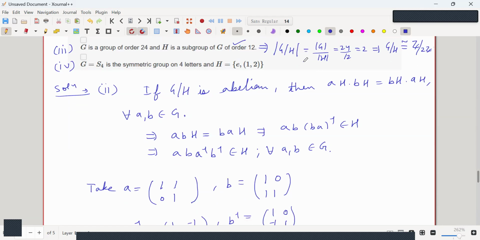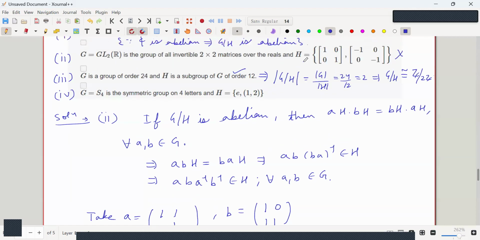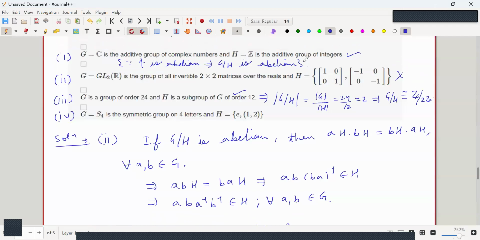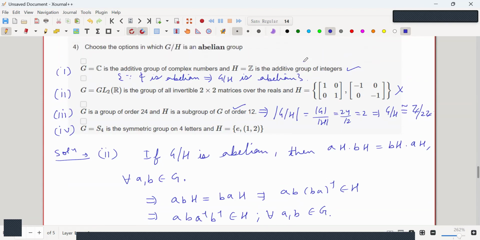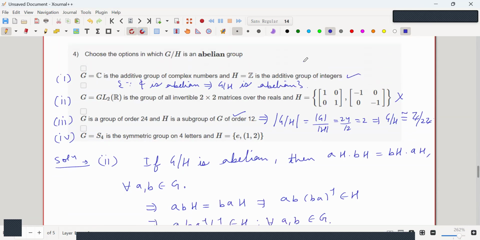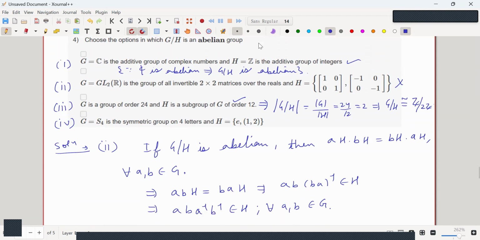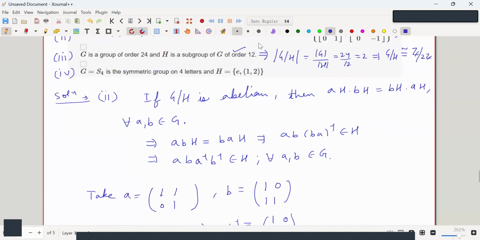What about G to be S4 and H to be E1, 2? Here G mod H is not even defined, right? H is not even normal, so this is not even a group. G mod H can be defined as just the set of cosets of H, but that won't be a group.